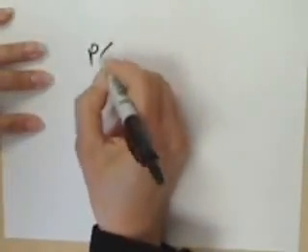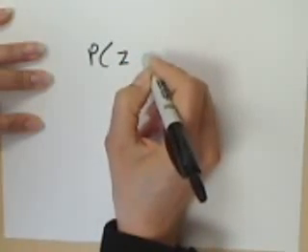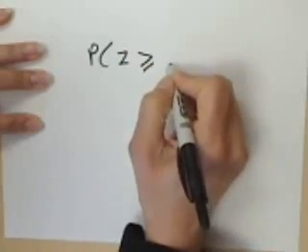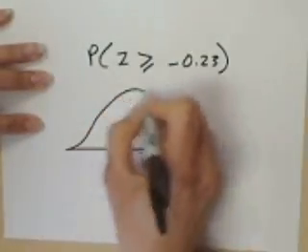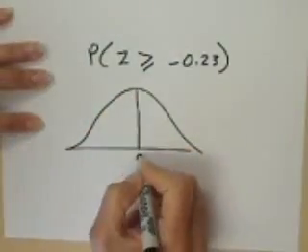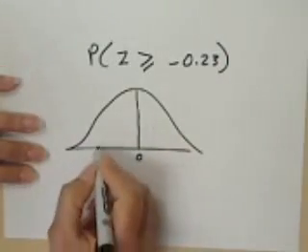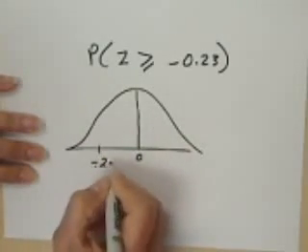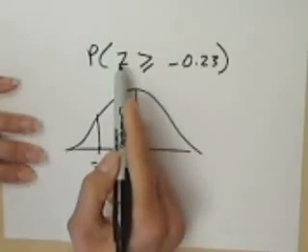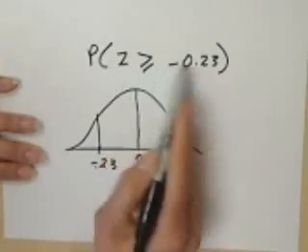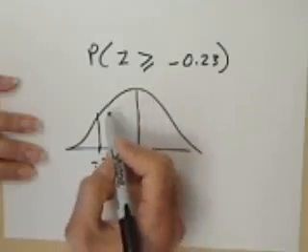The next one is probability that z is greater than or equal to negative 0.23. Draw the curve. Z is negative 0.23. Go up to the curve, but we want probability of z being greater than negative 0.23.